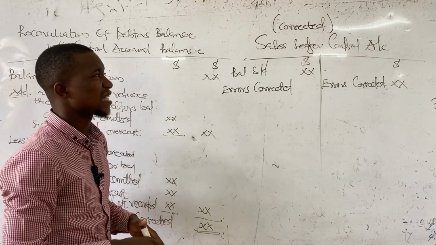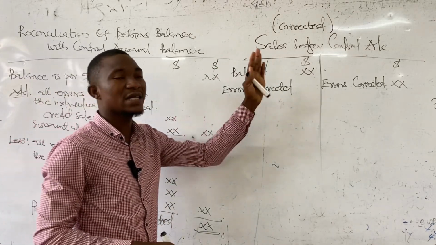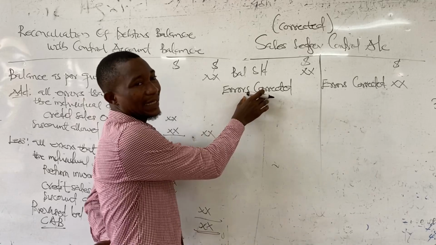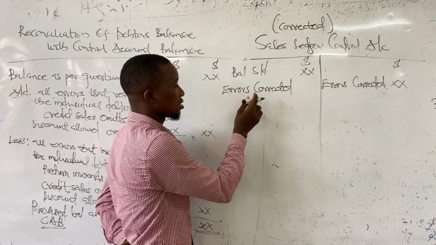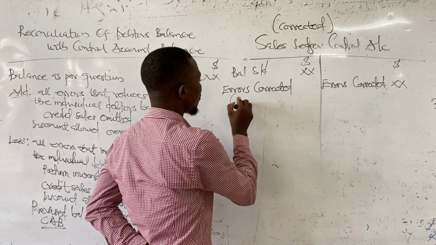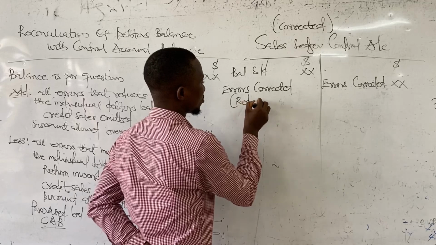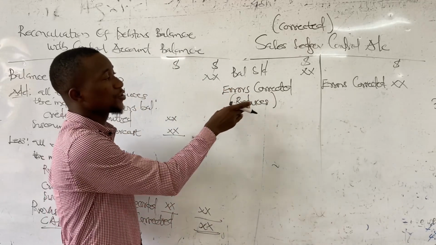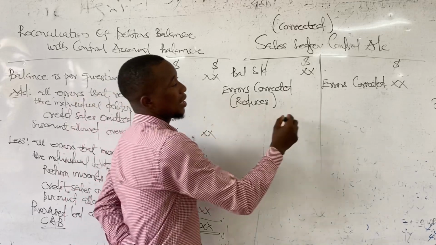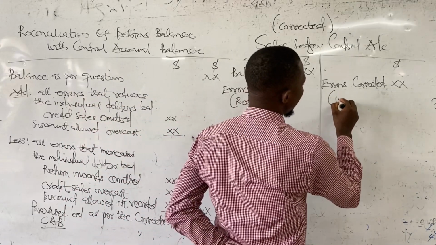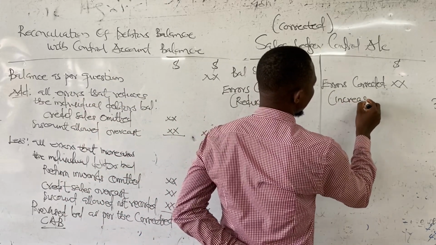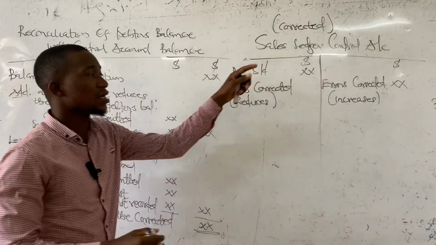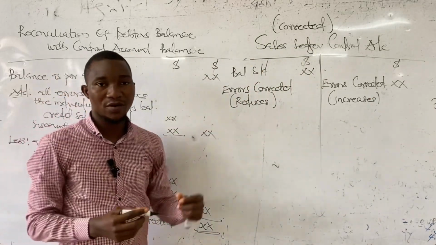Any error that reduces the sales ledger control account balance should be recorded at the debit side. Any error that reduces the sales ledger control account should be debited to this account. And any error that tends to increase the sales ledger control account should be credited.